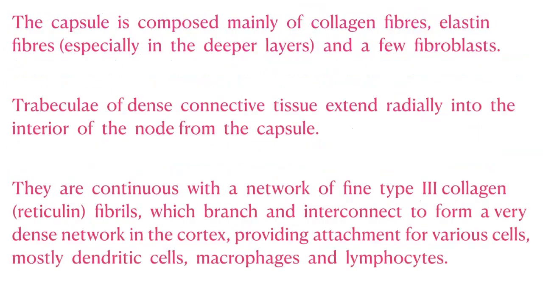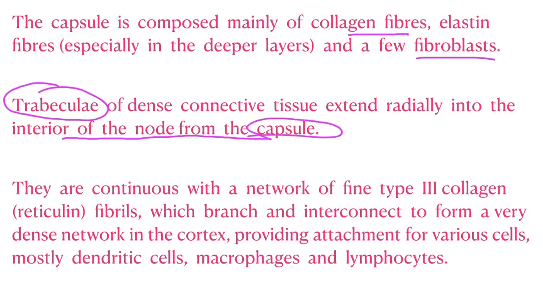The capsule is composed mainly of collagen fibers, elastin and a few fibroblasts. Trabeculae of dense connective tissue extend radially into the interior of the node from the capsule. They are continuous with a network of type 3 collagen to form a very dense network in the cortex, providing attachment to various cells, mostly dendritic cells, macrophages, and lymphocytes.